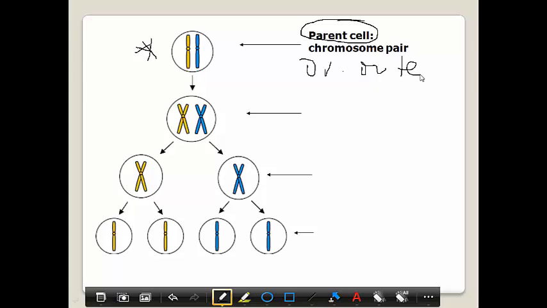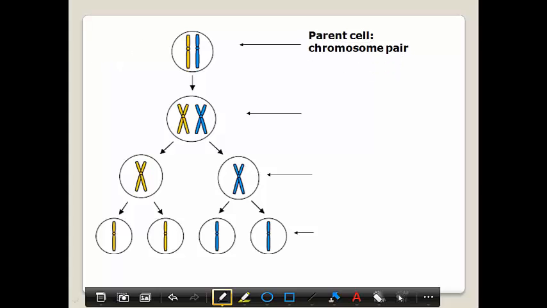Those cells have, in the case of humans, 46 chromosomes, because all of your cells in your body have 46 chromosomes. That's what makes you human. Those 46 chromosomes came from your mom and your dad, so half of those chromosomes are from your mom and half are from your dad.